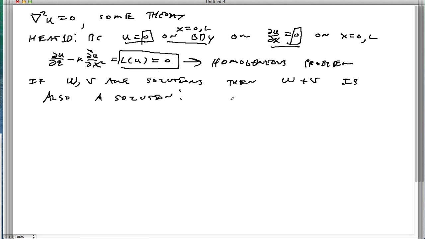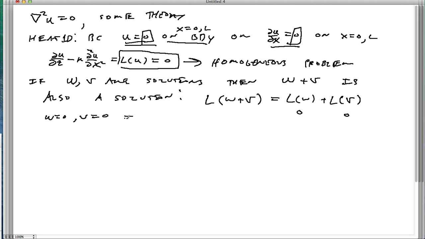Because again, this is a linear operator, and each one of them is 0, but also both satisfy what we call homogeneous boundary conditions. So W is 0 and V is 0 on the boundary. That means that W plus V is also 0 on the boundary. And likewise, if I'm thinking of a no-flux boundary condition, you get the same result there, right? So that works out nice.